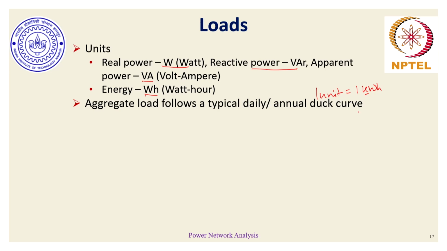Finally it goes down at night time. So if I were to plot the typical behavior of a load, let's say P with respect to time, for a span between 0 to 24 hours, I would typically see a peak in the morning hours, then a dip, probably again a peak in the evening hours, and finally a dip at the end of the day.